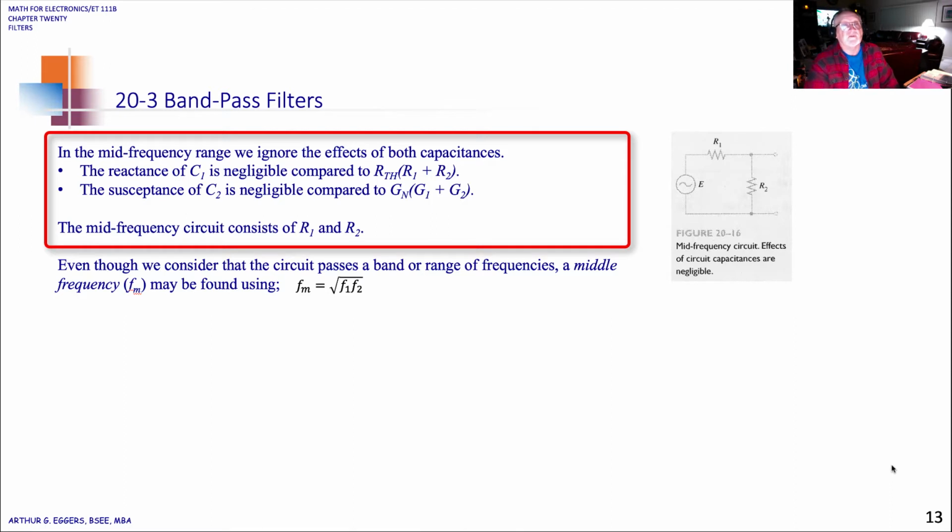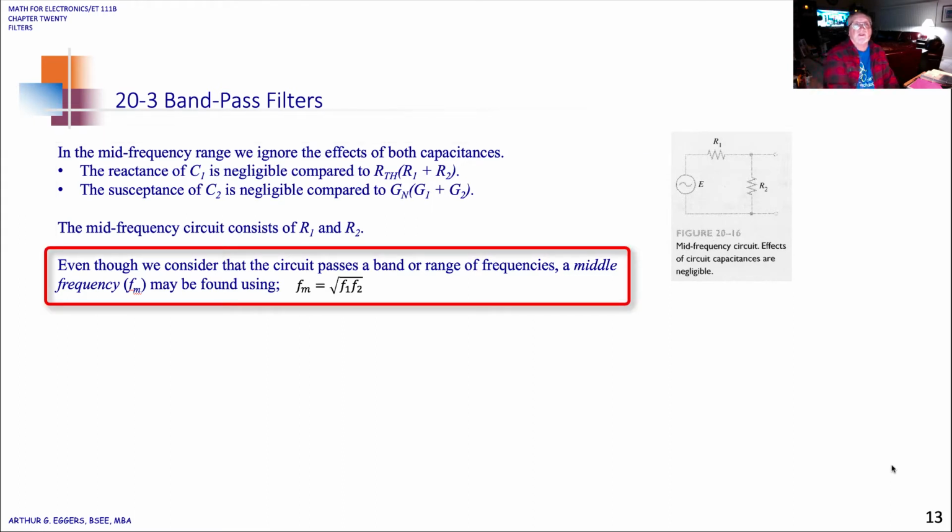The mid-frequency circuit then in essence becomes R1 and R2. Even though the circuit passes a band or a range of frequencies, a middle frequency F sub m could be calculated by taking the square root of the product of F1 and F2, the cutoffs.